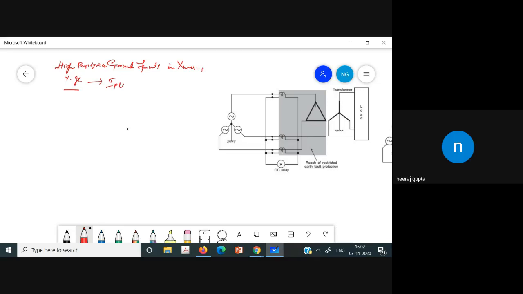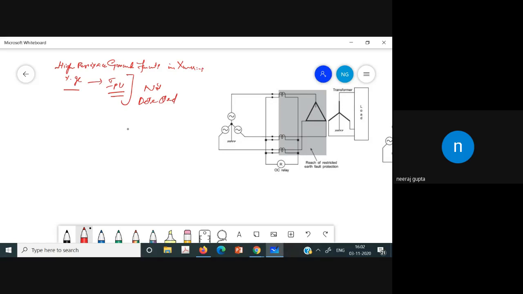So for an internal fault, if the fault current is below this, it is not detected by the percentage differential relay. The fault current can be below it because if the resistance is high, the fault current can be less than that, so it cannot be detected by the percentage differential relay.